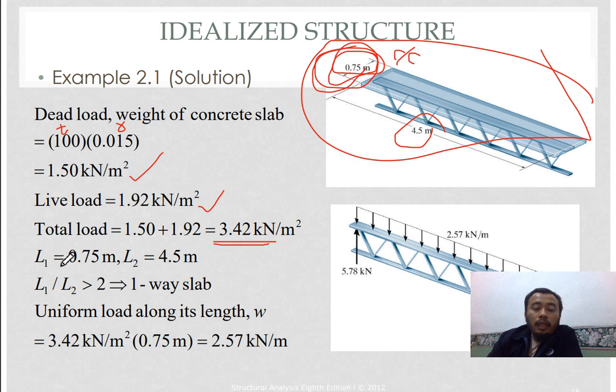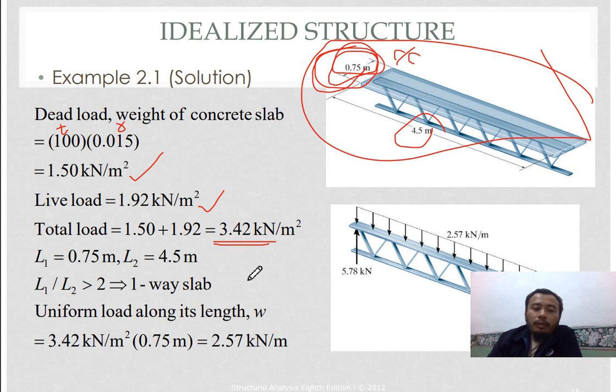The ratio between the breadth and length is used to determine the type of slab we are facing. So your L1 is 0.75 here, and your L2 is 4.5. Dividing 4.5 by 0.75, you get a value more than 2, which is considered a two-way slab.